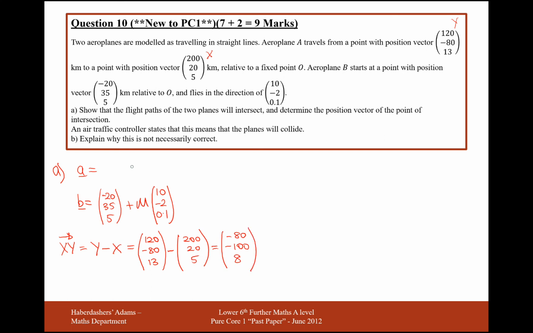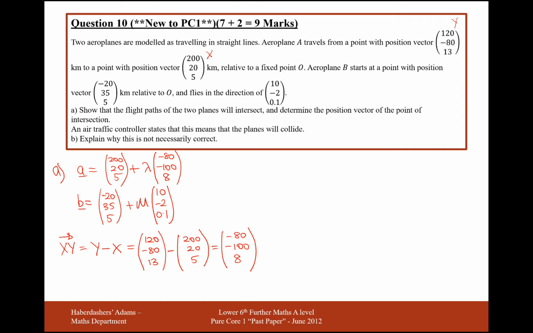So that's going to be the direction vector, and now I just need a position coordinate, so we'll use x, 200, 20, 5, add some lambda value of minus 80, minus 100, 8. Now just notice here that I'm using two different letters as my scalar multiple on the direction vector.